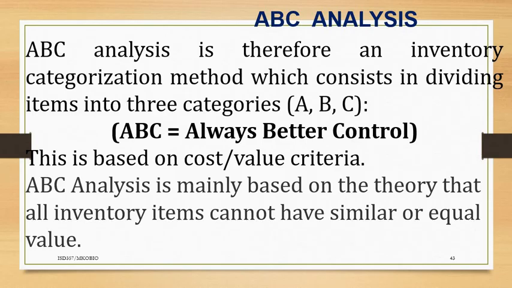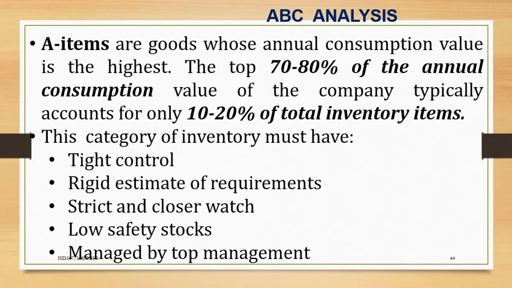Are we good? Great. So A items are goods whose annual consumption value is the highest. The top 70 to 80% of the annual consumption value of the company typically accounts for only 10 or 20% of total inventory items.